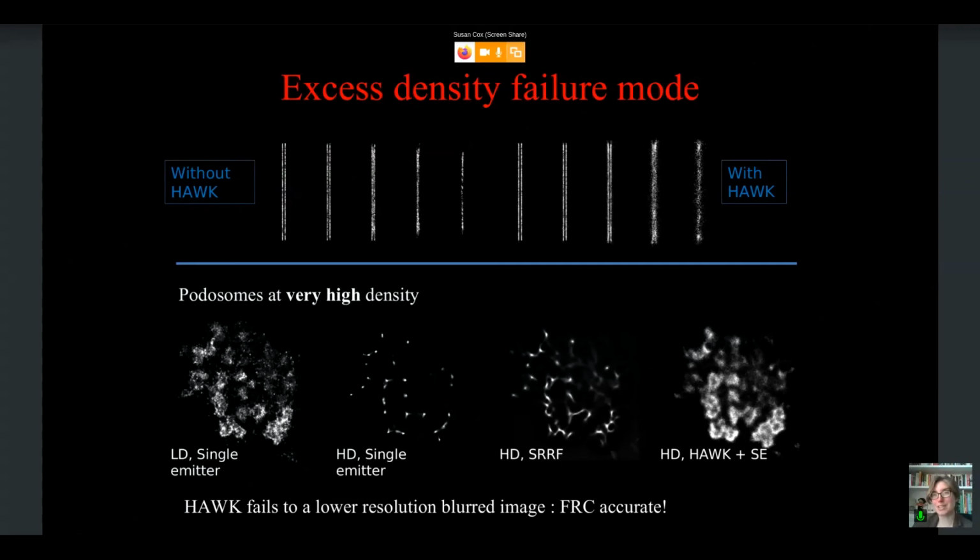So Hawk is not going to give you amazing resolution if your data isn't capable of that. But as you can see on the bottom right, what we see with the podosomes is what looks like a not particularly great wide field image. So if there is no extra resolution to be got out, Hawk should return you something that looks like a wide field image.